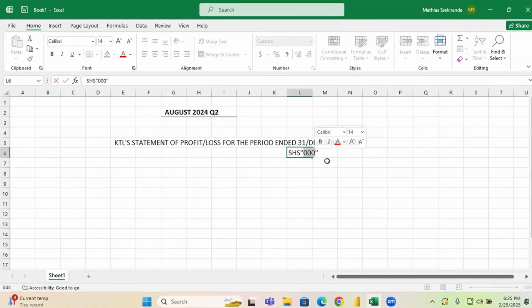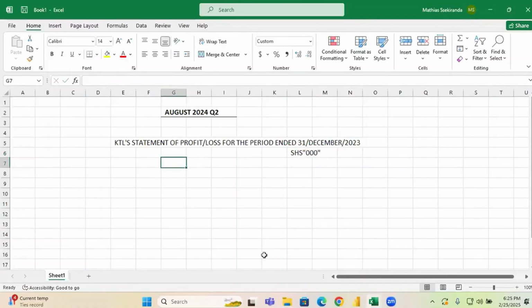You can either maintain all the 3 zeros in your statements, or you reduce the zeros, and when you reduce, you must indicate up here how many zeros you are reducing. But it is optional. The first 4 are compulsory: name of the entity, name of the statement, reporting period, and the currency.